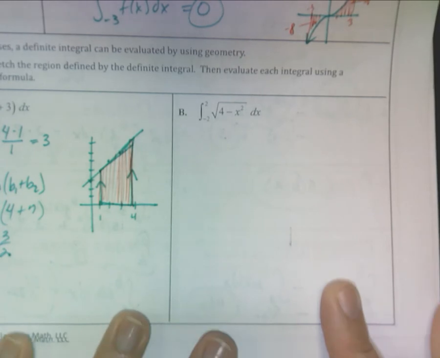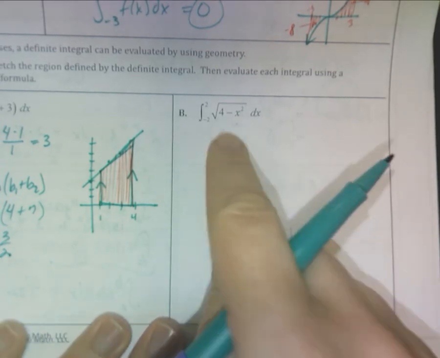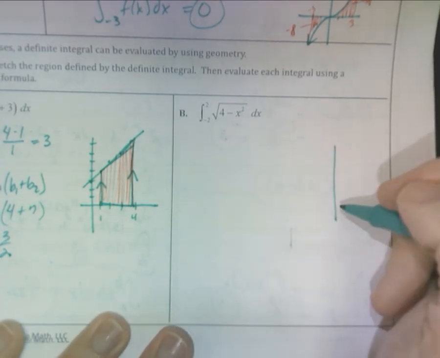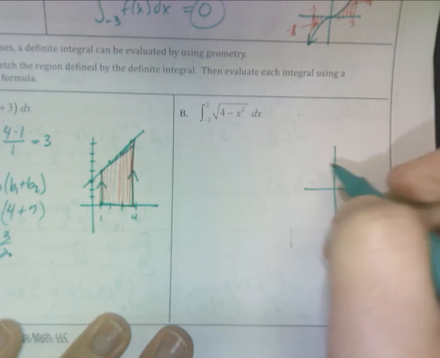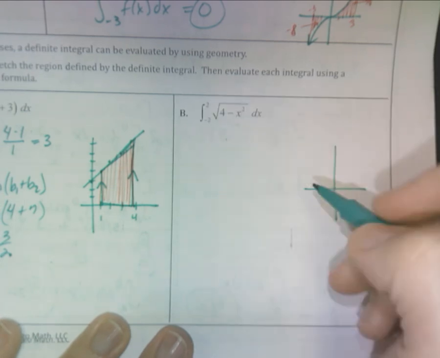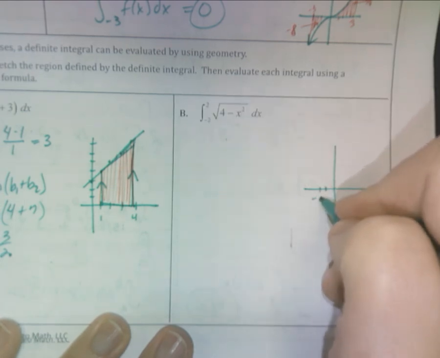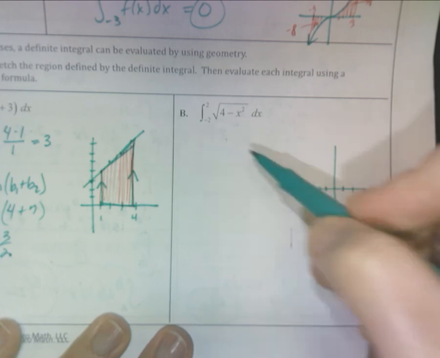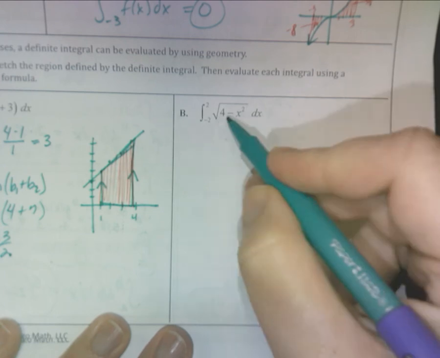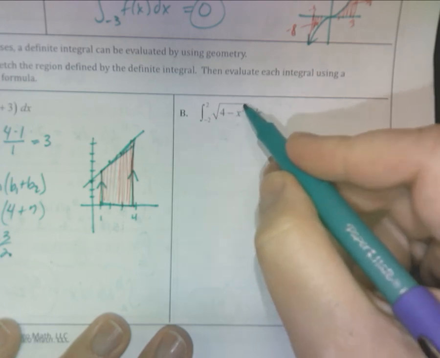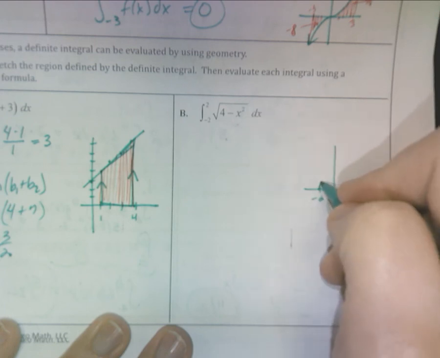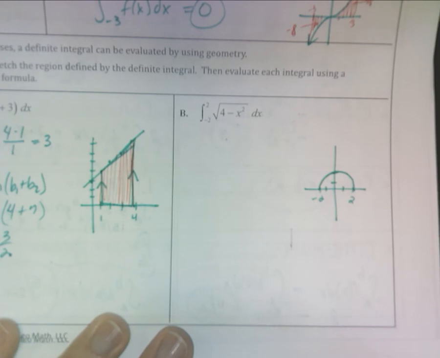All right, let's use this one now. If I draw this out, if you don't remember, a square root from -2 to 2. Actually, this is the square root of 4 minus x squared. This is actually a semicircle with a radius of 2.